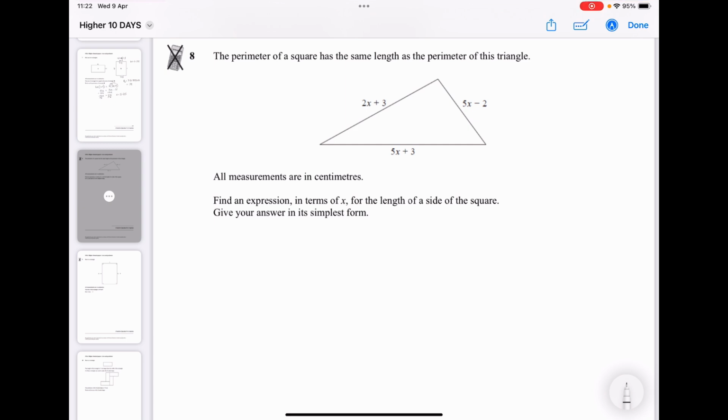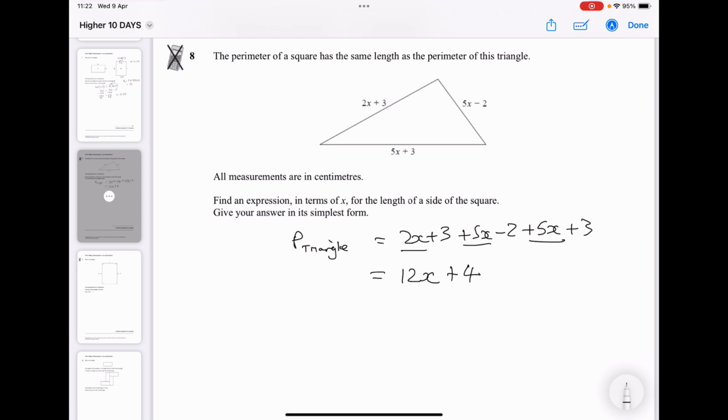So first of all, the perimeter of the triangle equals 2x plus 3 plus 5x minus 2 plus 5x plus 3, which is 2x plus 5x plus 5x is 12x. 3 plus 3 is 6, take 2 is 4. 12x plus 4. So that is the perimeter.